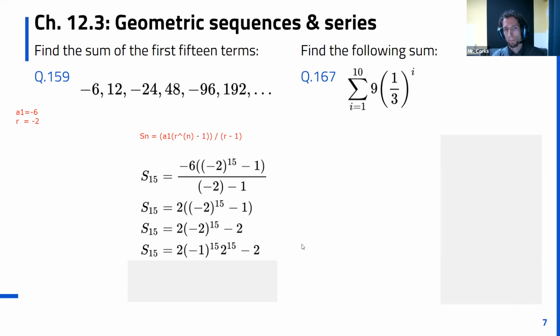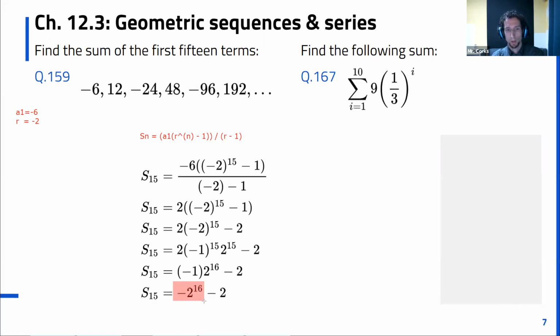It's just negative 1. So negative 1 times 2 to the exponent 16, minus 2. And then we can just write it like this. Please be careful here.